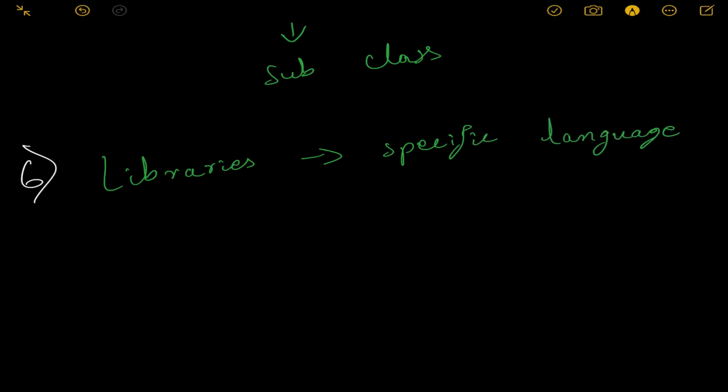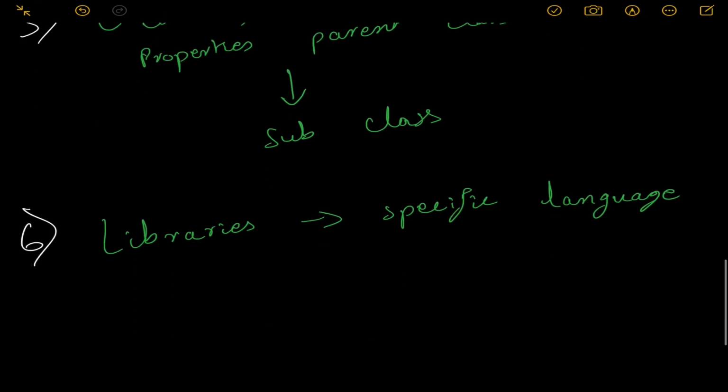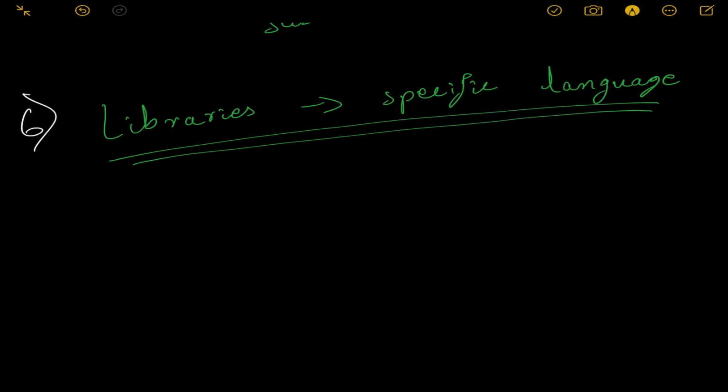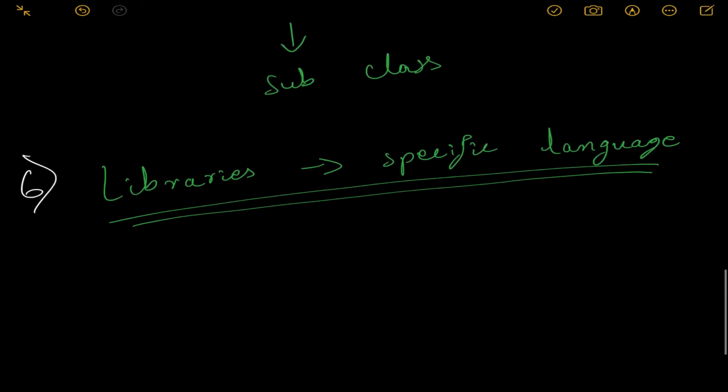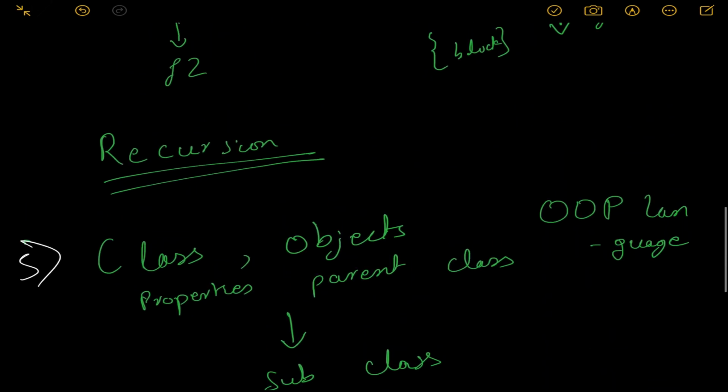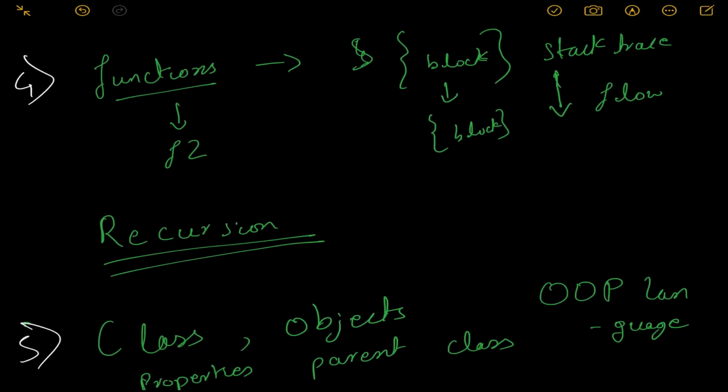All right, so the 5 are basic for learning any language, and then for number 6, you should upgrade to learning the libraries of a specific language. I believe once your 5 concepts and this bonus concept of libraries are clear, you can easily master any programming language.